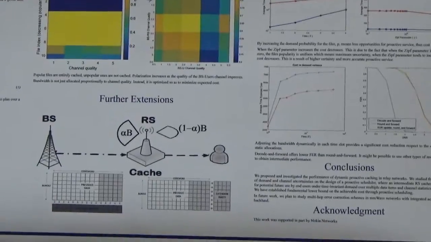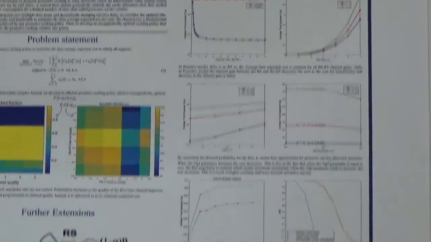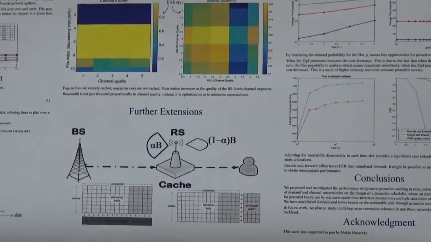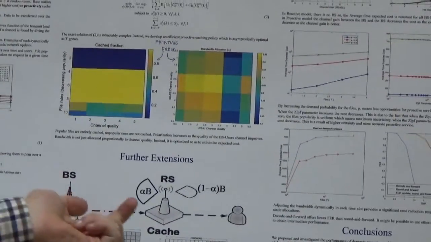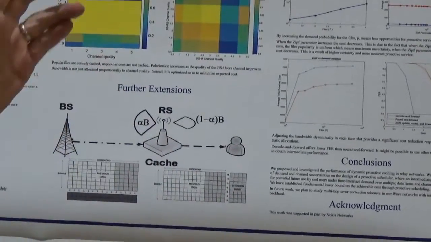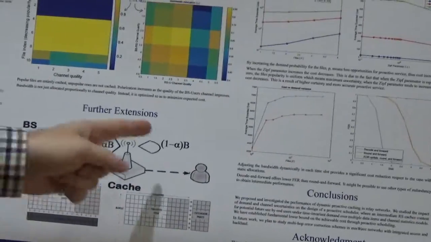But maybe the data processing required for the decode and forward is too much, so we're going to explore other alternatives, which are obviously going to perform worse, but we will reduce the amount of power or computations required. And then what we can try, the basic one, will be amplify and forward, where we just amplify whatever we receive.